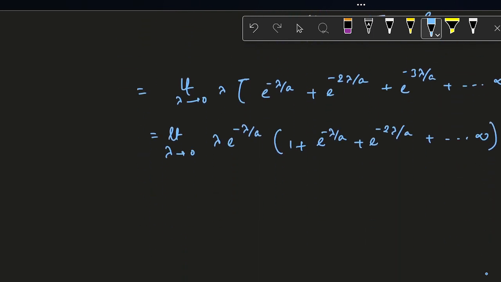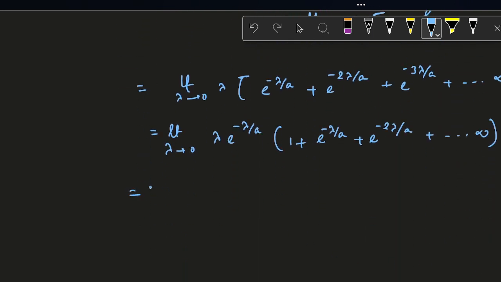What is the need of doing this? Because you clearly see there is a pattern in this summation. Before this there was no particular thing you could make out of it, but once you have taken out e to the power of minus lambda by a, the remaining sum is a known formula.